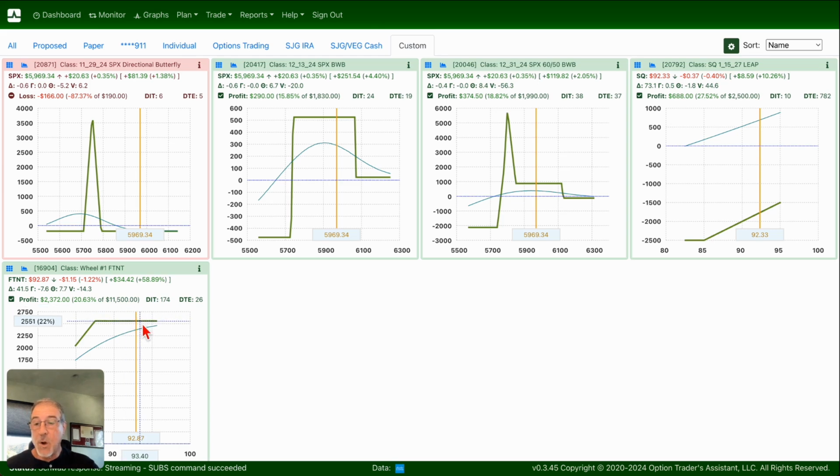And I've just lowered my cost basis on my eventual purchase. This is sold at 75. If I were to get assigned at 74 or 75, my actual cost basis is only 65 or less because of the number of times that I have sold these puts and brought in premium every step of the way.